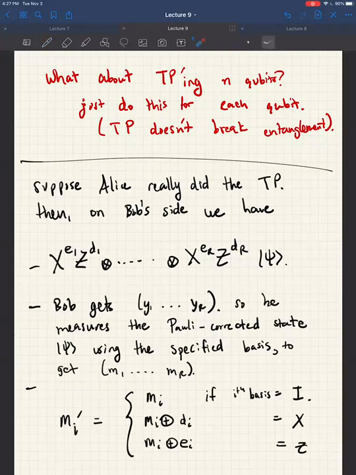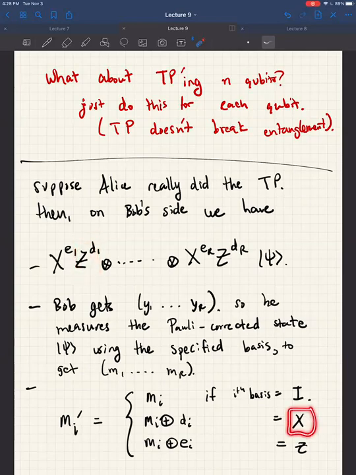The reasoning here isn't too hard to check, but basically suppose that Di was equal to 1, so we actually have a Z correction here.